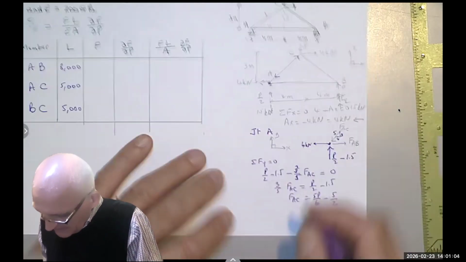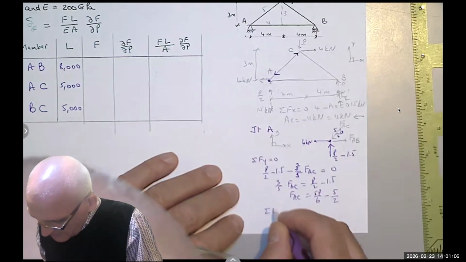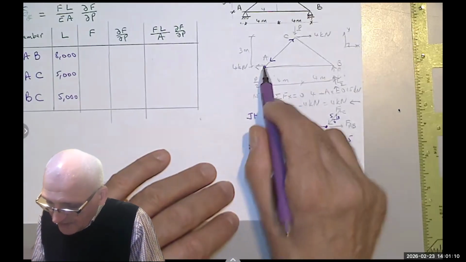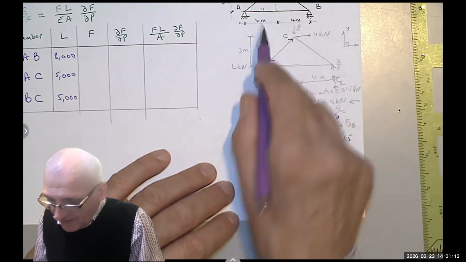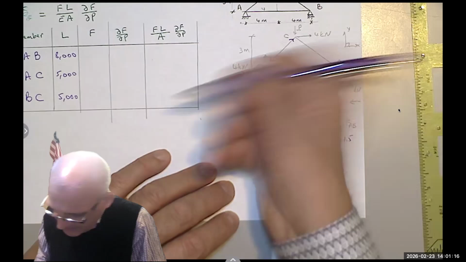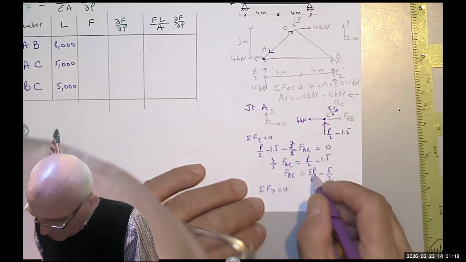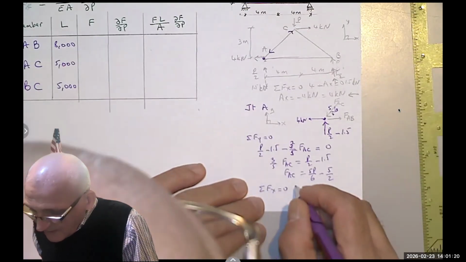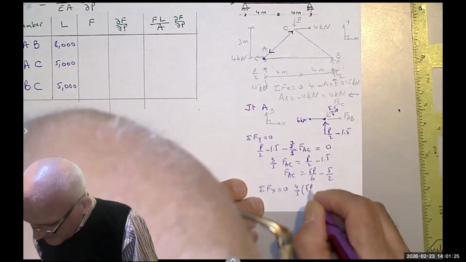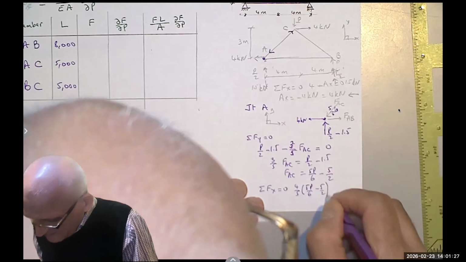And it's compression. Okay, and then you would say summation of the forces in the x equals 0. I have 4/5 of FAC, that's the horizontal component, and it's pointing to the left. So I would say 4/5 times 5P over 6 minus 5/2.